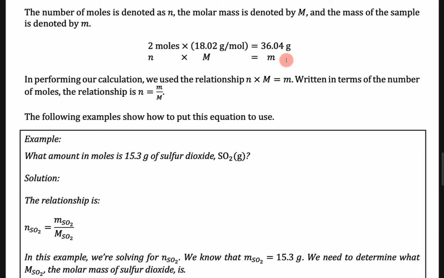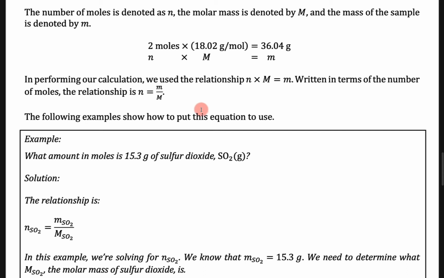So it's important to understand that when we're doing these calculations, a capital M is very different from a lowercase m. So the capital M is molar mass. It has units of grams per mole. But the lowercase m is just the mass of the sample, so it has units of grams. Okay, so whenever we performed our calculation, we multiplied the number of moles by the molar mass to get the mass.